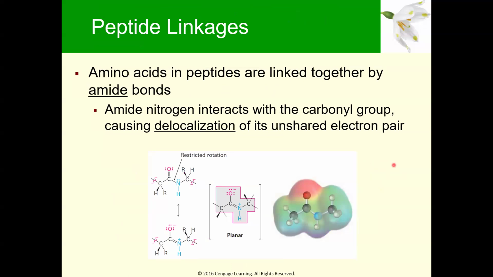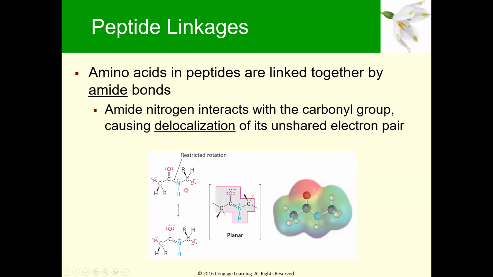So again, now that we know about the amide functional group and we looked into that a little bit more in depth, we can say that this is how we connect amino acids together. The nitrogen acts as the nucleophile and attacks the carboxylic acid. We do a condensation reaction where we spit out a water molecule and we create that amide functional group.